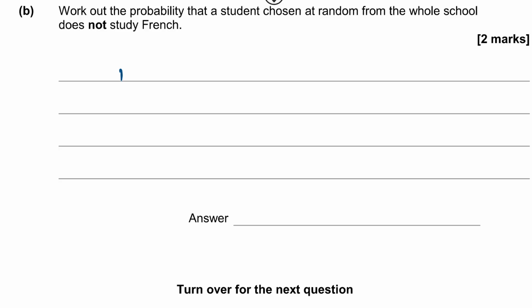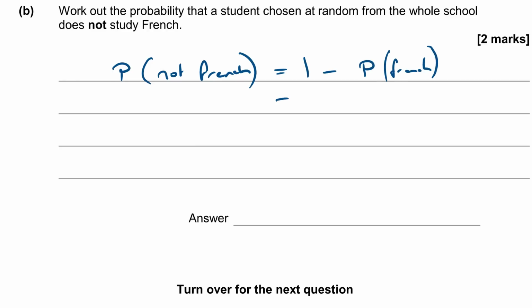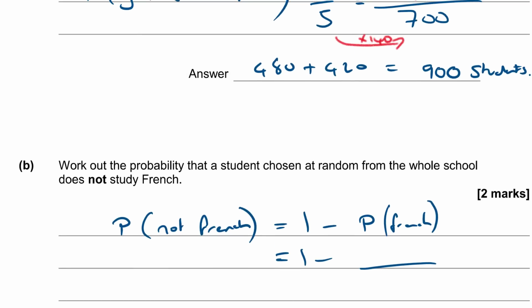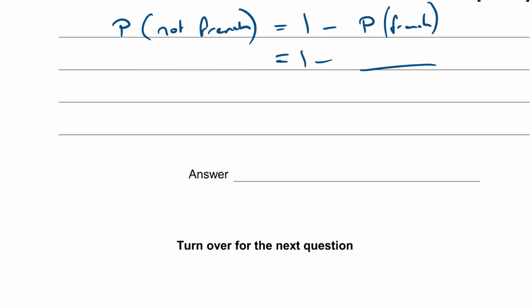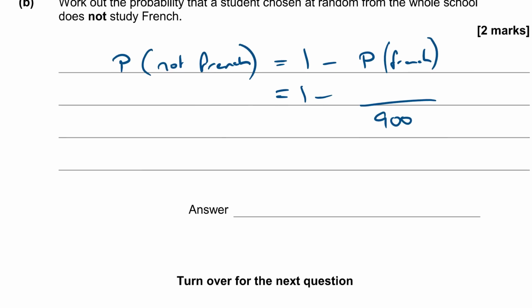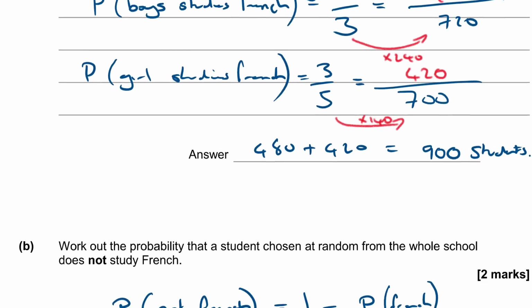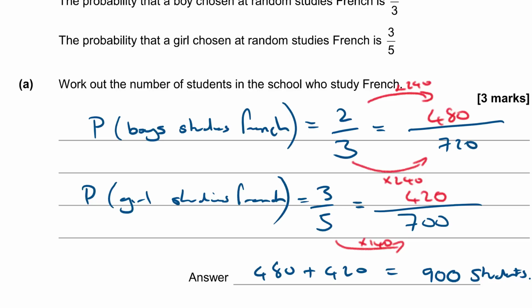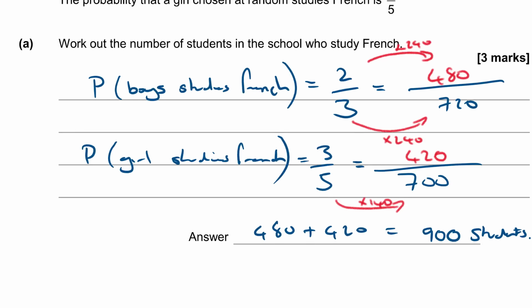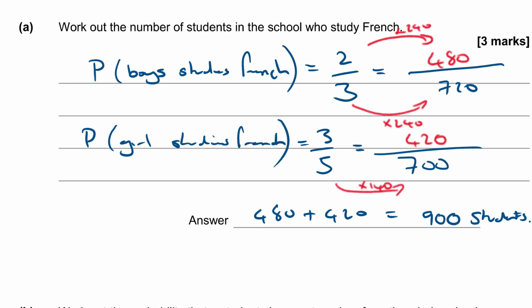So the probability of not French is going to be 1 minus the probability that they study French, which is 1 minus, well, we know that there are 900 students who study French, and we know that there are 720 plus 700 students altogether, so that's 1420.